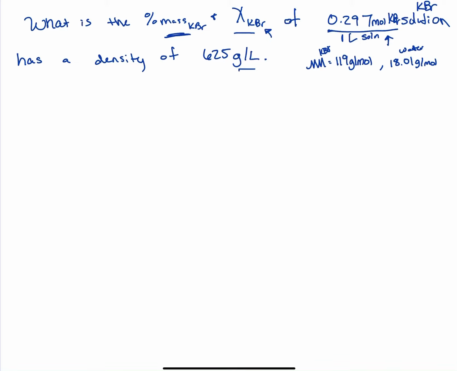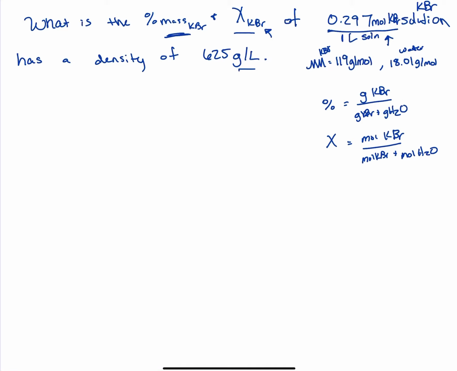Now, if we're trying to get to mass percent, I'm just going to remind you, that's grams, in this case of KBr, the solute, over grams of KBr plus grams of water. Mole fraction is moles of KBr over moles of KBr plus moles of H2O.